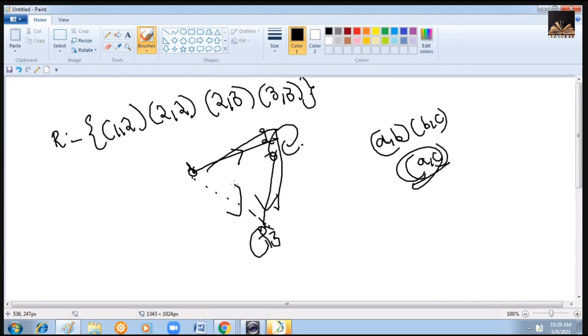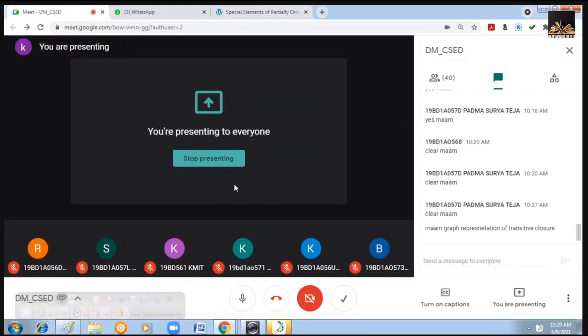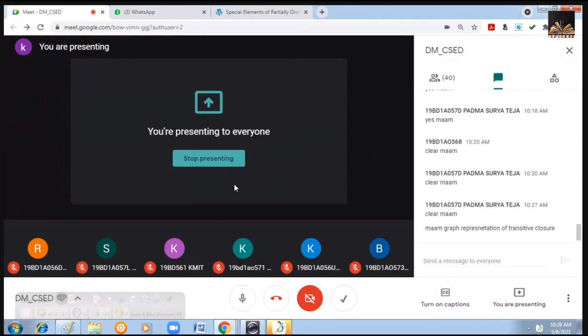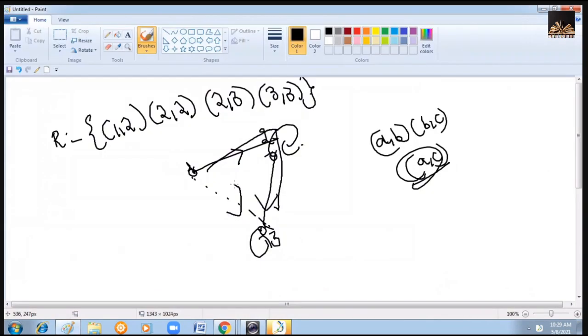Clear? Surya Teja. Did you understand, ma? Surya Teja, did you understand? Yes, ma'am. You want me to explain one more for graph representation? Clear, ma'am.